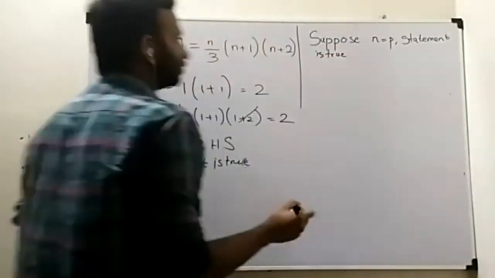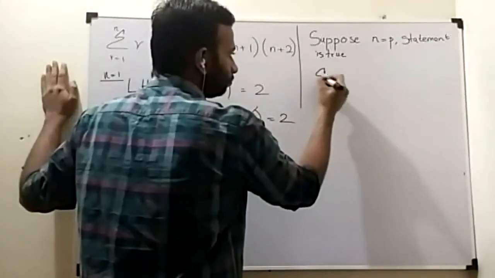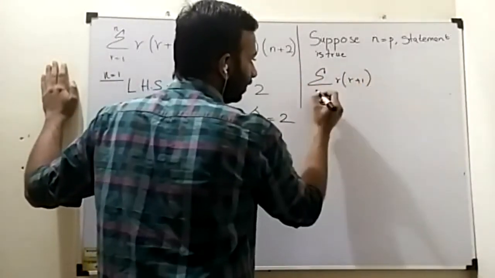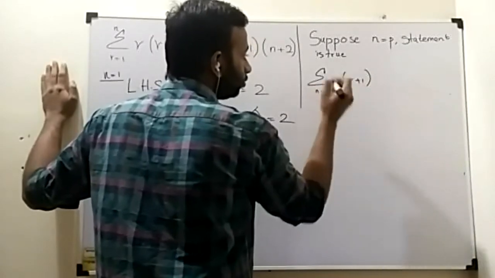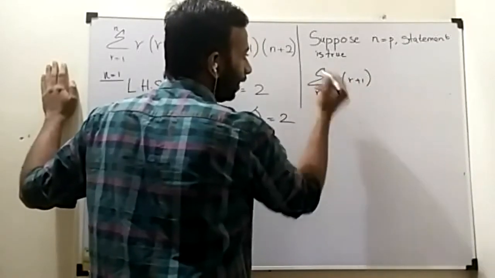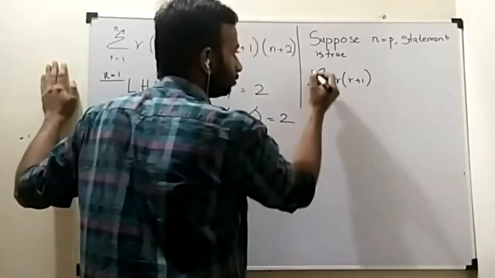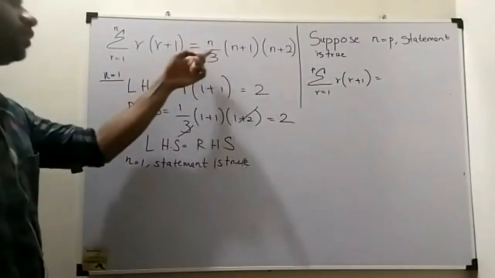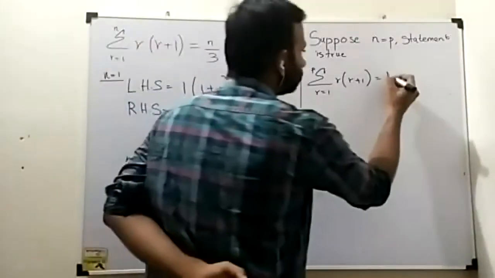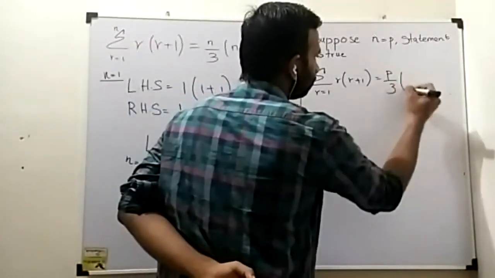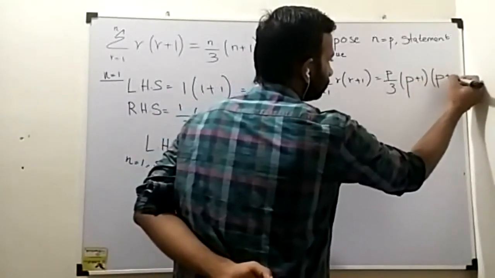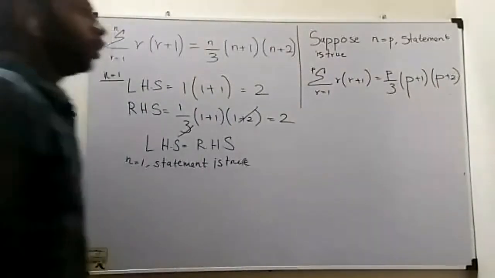Which means we go from sigma r into r plus 1, r equals 1 up to p, not n this time. So it would be equal to, when n equals p, you substitute p for n. So it's p over 3, p plus 1 into p plus 2.